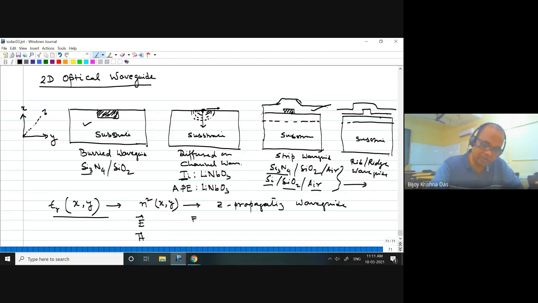So we write some xy dependence, for some mode number, say m, then you will have a phase part e to the power j omega t minus beta z.